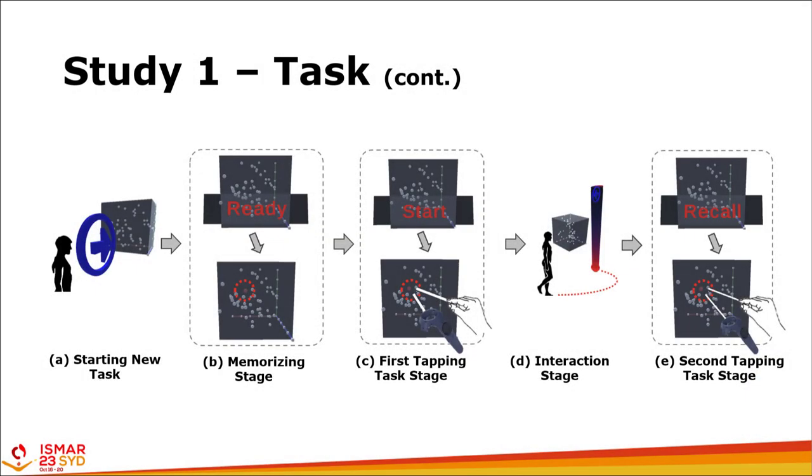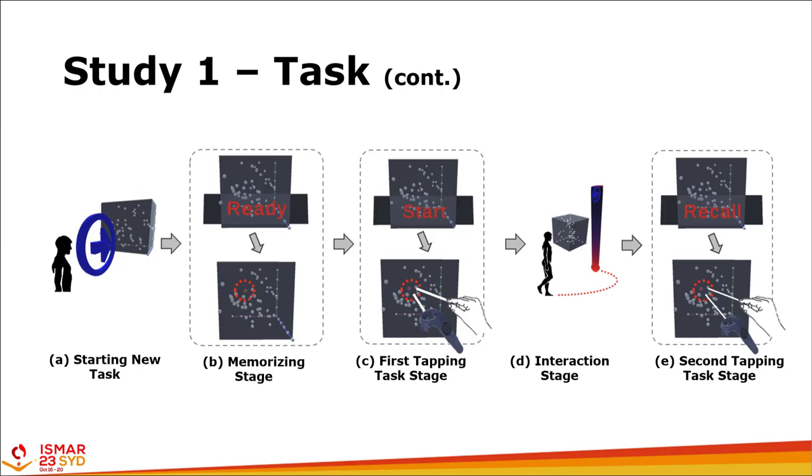These 5 steps are the task procedure. In the beginning, participants are asked to move to a start position where an arrow mark is located. In the position, participants can see the entire scatter plot. Next is the memorizing stage. 3 out of 30 data points in the scatter plot are highlighted, and participants are asked to memorize their positions and order. Following that, participants conduct the first tapping task stage.